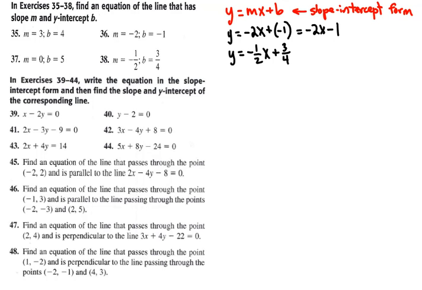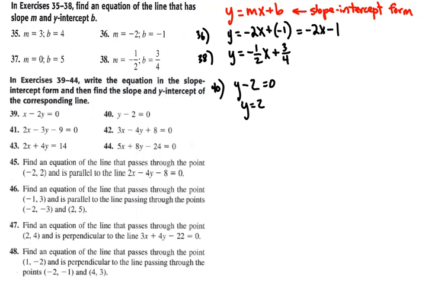For problem 40, we want to write the equation in slope-intercept form and then find the slope and the y-intercept of the corresponding line. So we start with y minus 2 equals 0. And so to write the equation in slope-intercept form basically means to solve for y, to get y by itself alone on the left side of the equation.